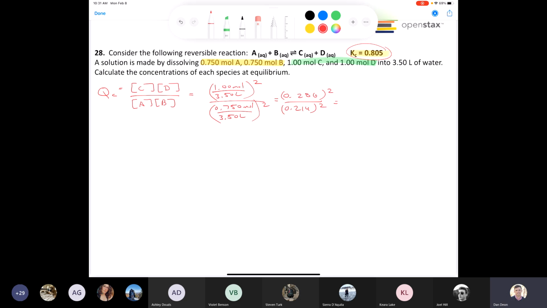Then we punch all that in our calculator and we get 1.78. Therefore, Q is greater than K. Now, if this is the equilibrium expression and Q is bigger, who could tell me which way my equilibrium is going to shift? Is it going to shift towards the products or towards the reactants?